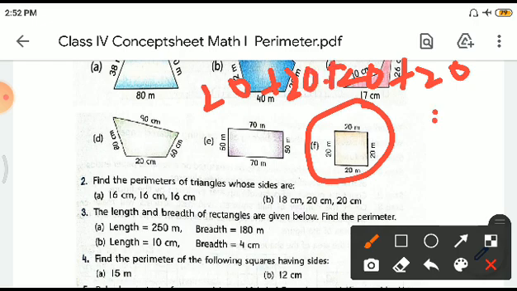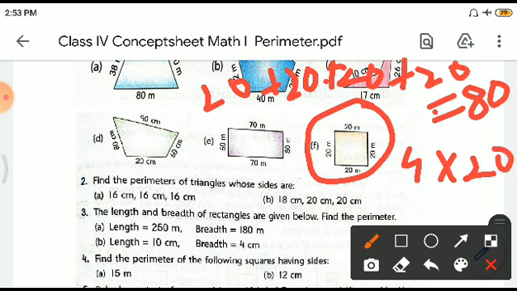So it is coming to be 80. Now if I apply the formula 4 into side, so it is 4 into 20, which is also 80. Right? So both ways it is coming correct. So it's up to you to choose whichever way you want and solve it.